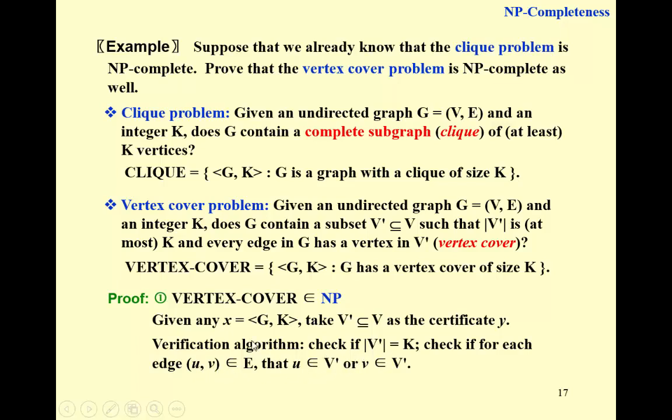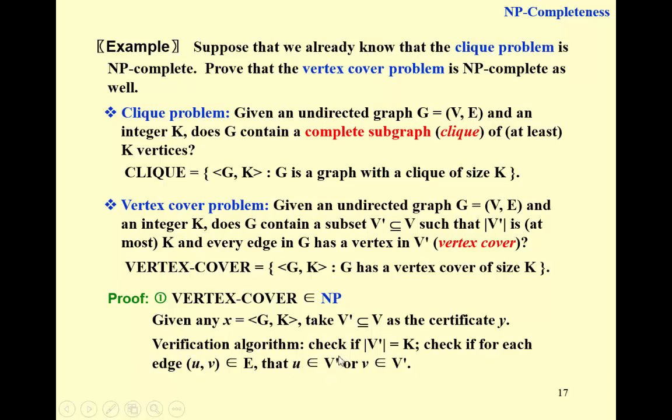Okay, and so what is the time complexity of this verification? Since we have to check every edge, and in the worst case the number of edges would be V squared, or say n squared, right? For every edge, we need to check its two endpoints, and check if at least one of them is in this vertex set.